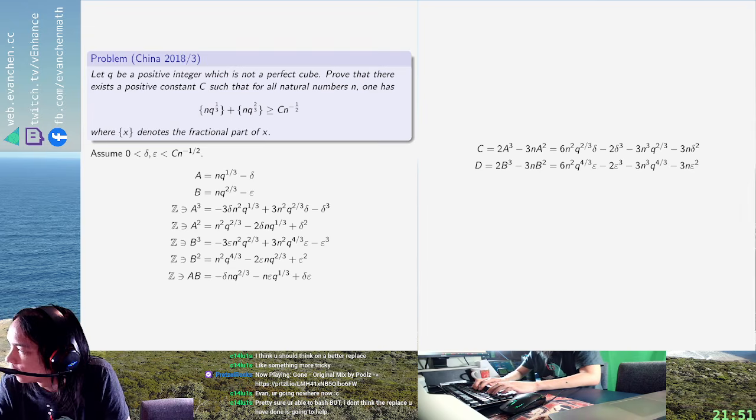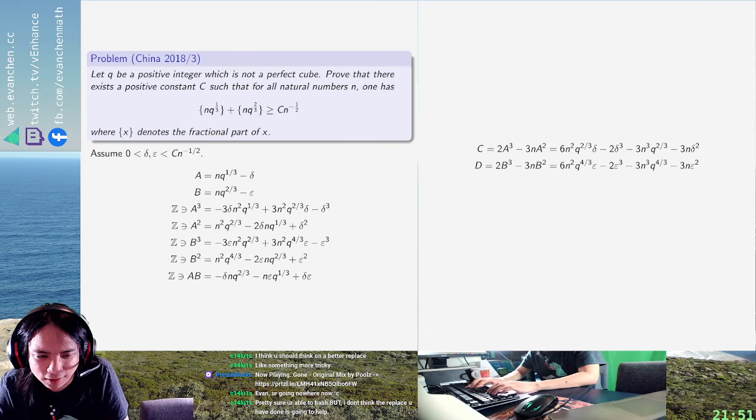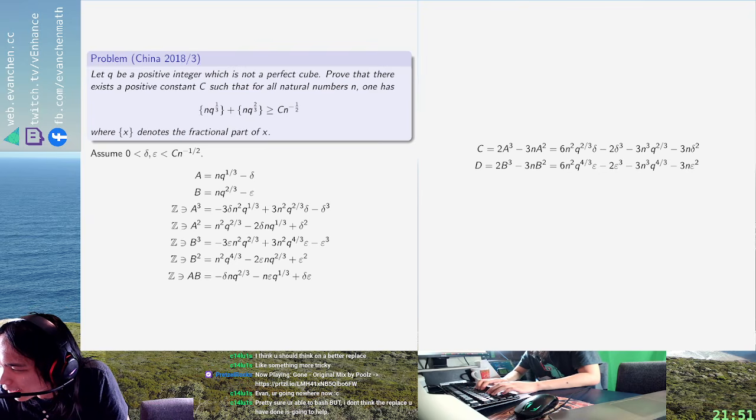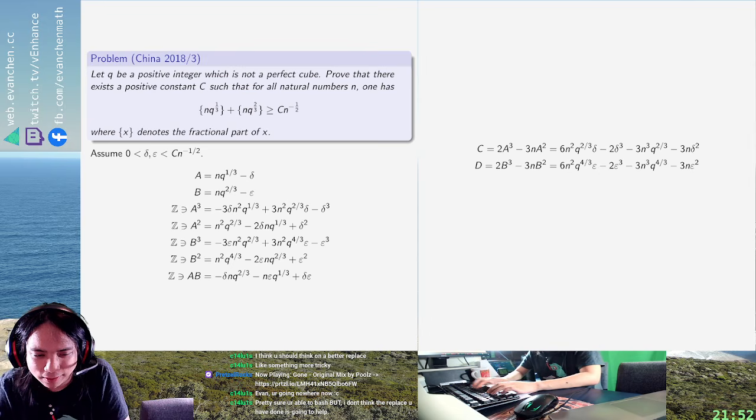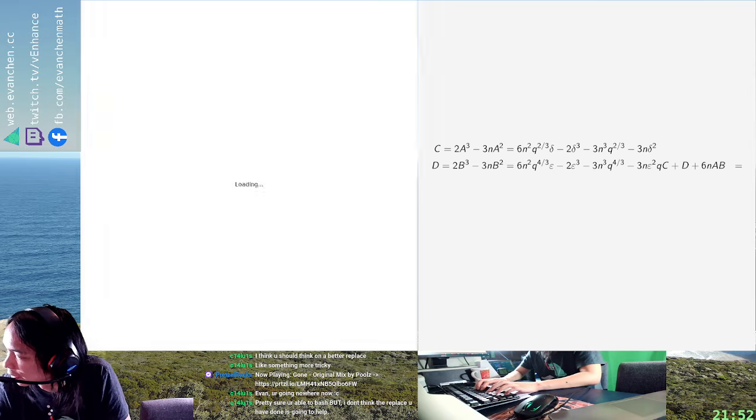QC plus D? Plus six NAB. The problem terms will cancel, right? The ones that I had. And I will get something.